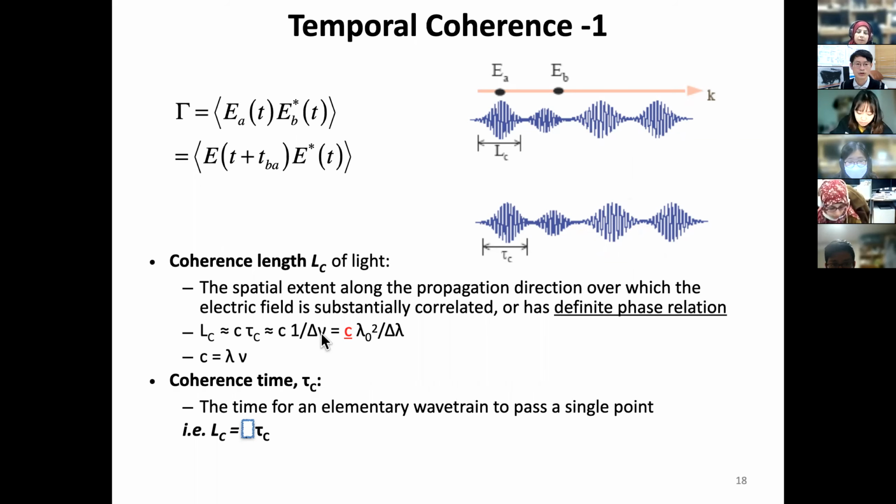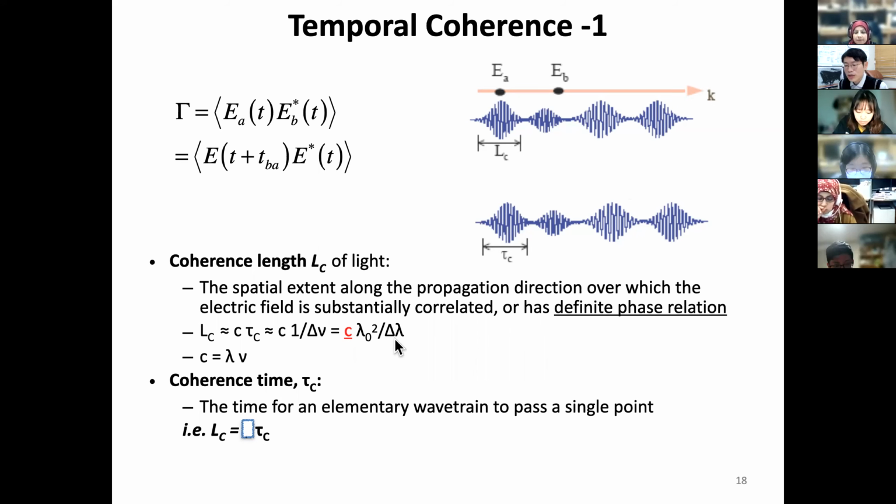And you know that the bandwidth is described as a delta lambda, then you can actually easily compute with this, because the speed of light is lambda times nu. So delta nu, you can describe as c over lambda, and delta nu, you can calculate this. You will see this form as a formula for OCT resolution later on.